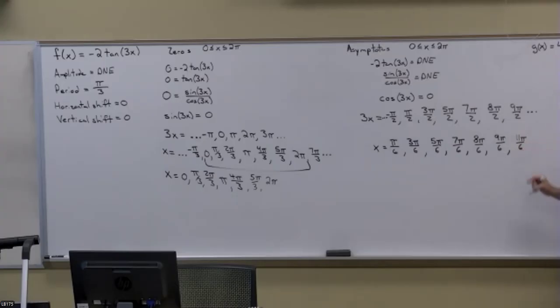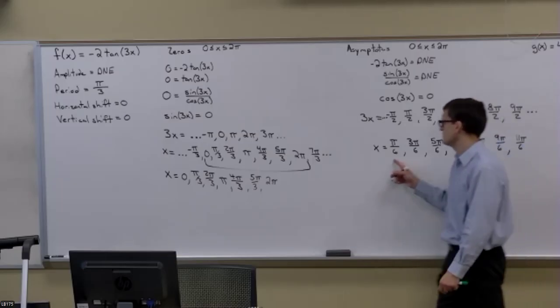If I went to 13 pi over 6, I'd be over 2 pi. Right? 13 over 6 is more than 2. So there you go. Basically what I'm doing, I'm just starting and ending above 0, ending before I hit 2 pi. So here are my solutions.